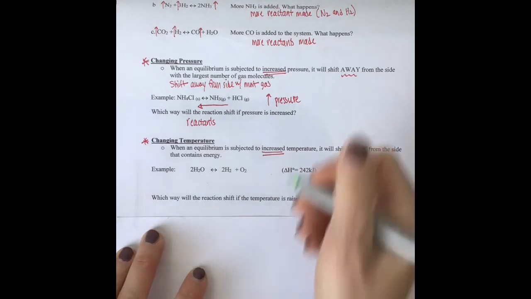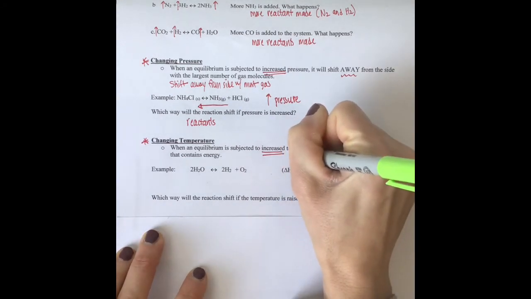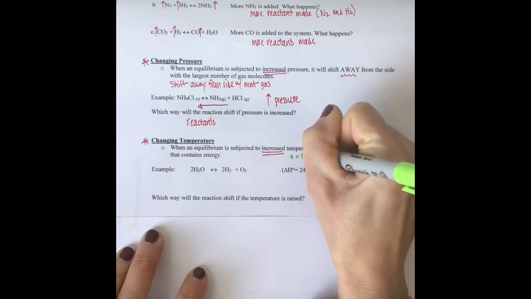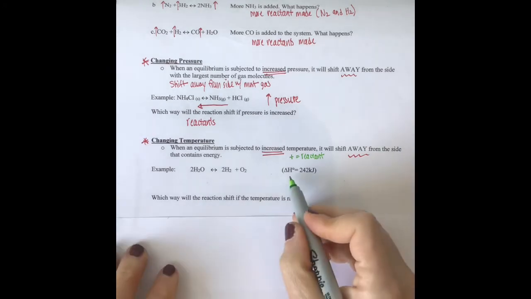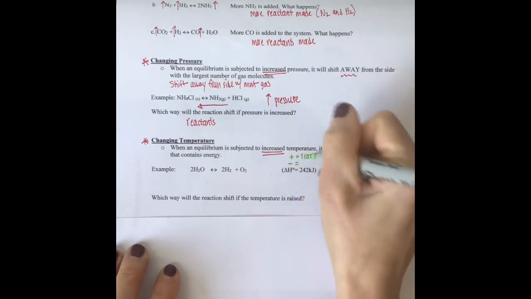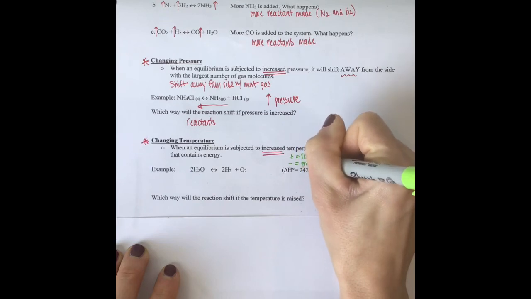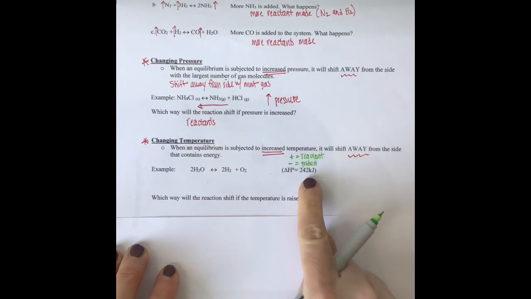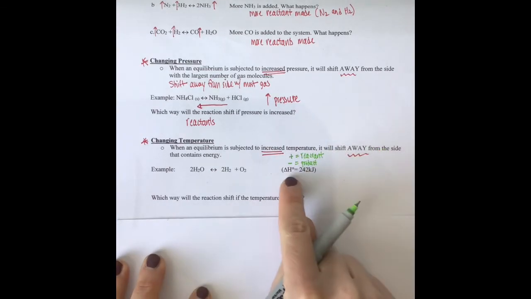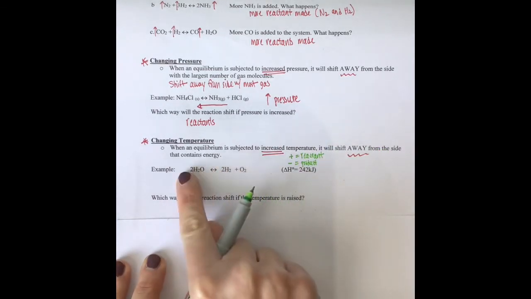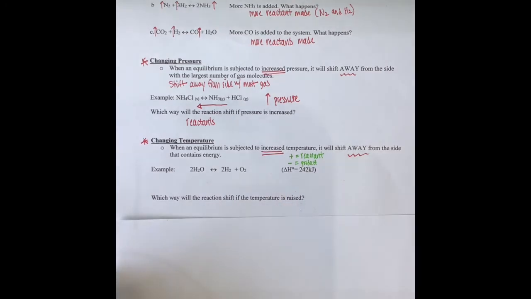If that value is written as a positive number, it means the heat is written as a reactant. It's an endothermic reaction. If delta H is written as a negative number, the heat is written as a product. It's an exothermic reaction. So you need to know that piece in order to know which side of the reaction the heat is written on.